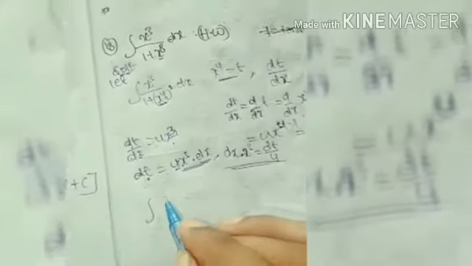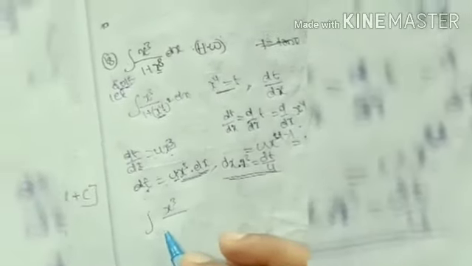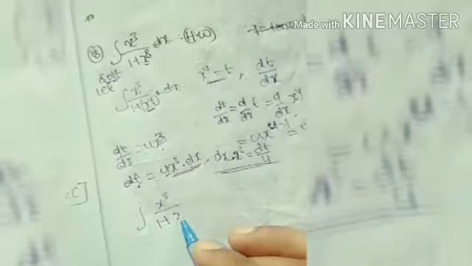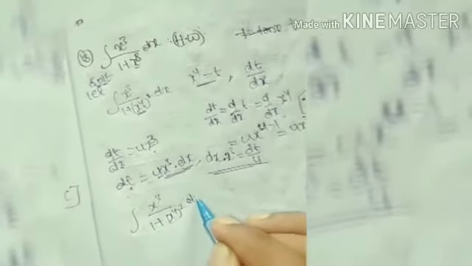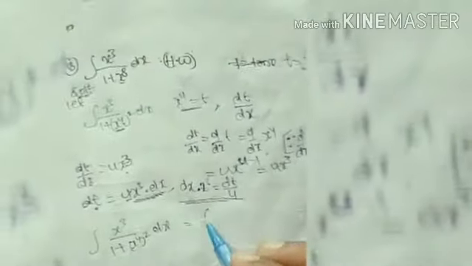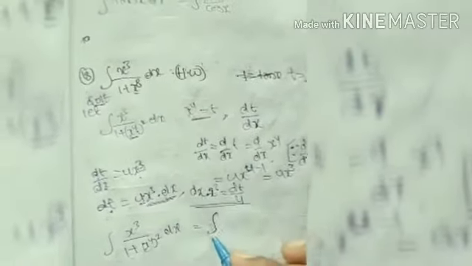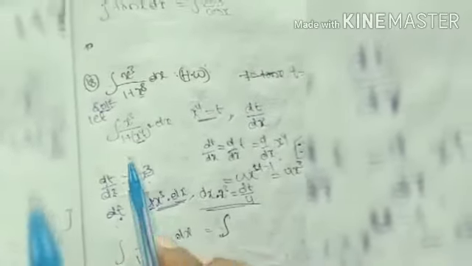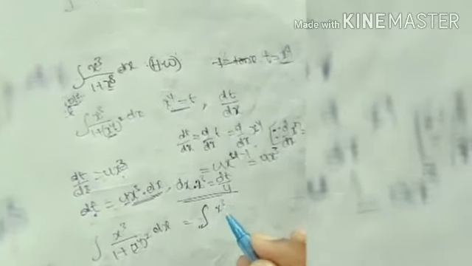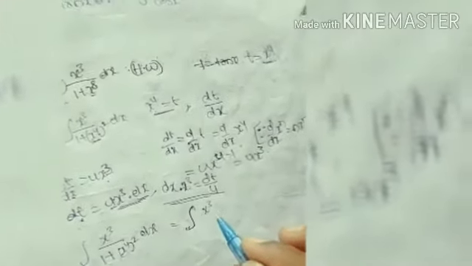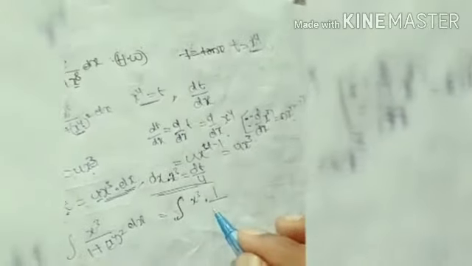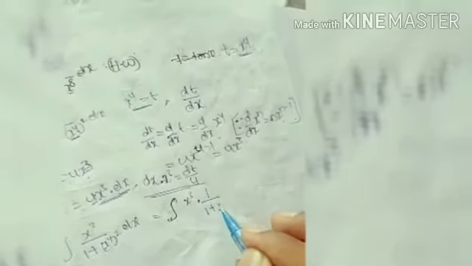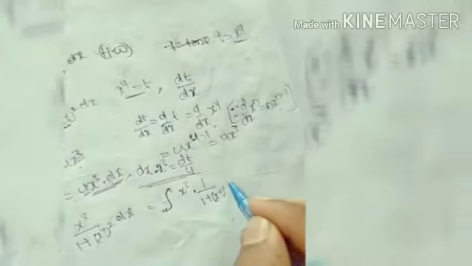We have to substitute in this now. Integration of x power 3 by (1 plus x power 4) whole square dx. As per this we write it very easily: x power 3 is a constant, into 1 by (1 plus x power 4) whole square dx.